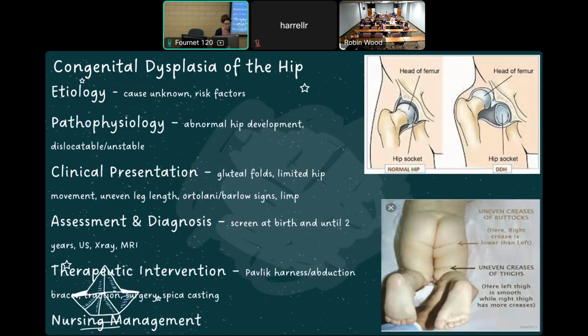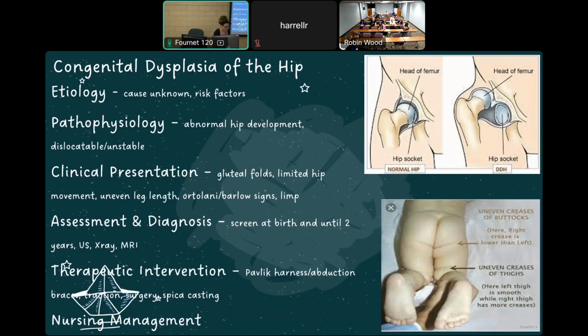All right, congenital dysplasia of the hip. Cause is unknown. There are risk factors. So being female, family history. I know, love that word. Sorry, ladies.